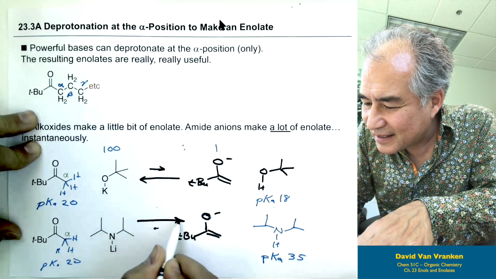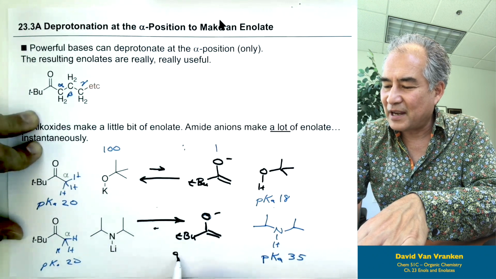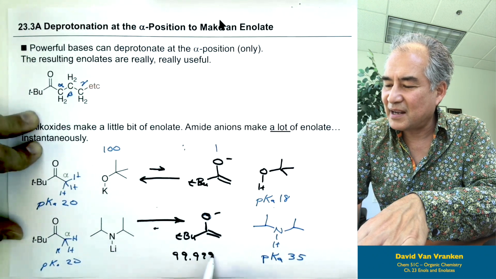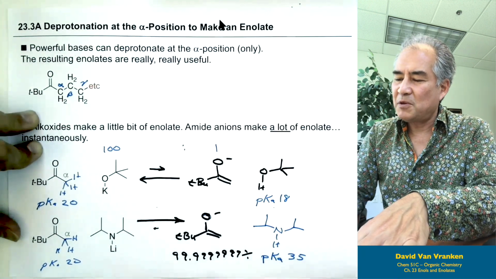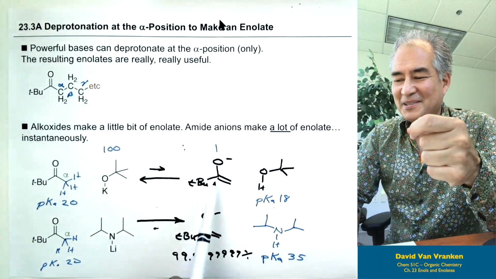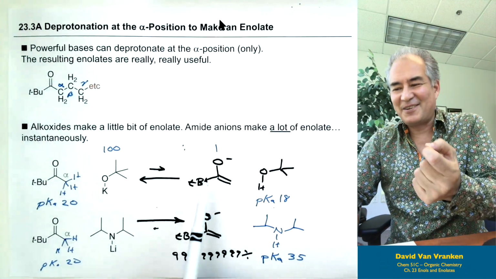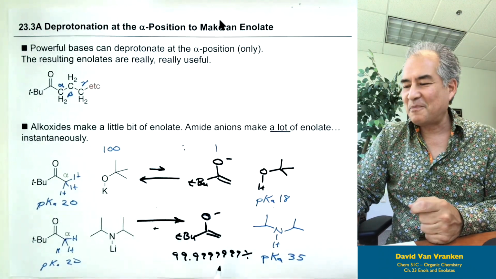But the equilibrium lies to this side. I'm not going to draw the numerical ratio, but the yield for this process would be 99.999, and I'd have to draw 15 of these 9s. I'm not going to draw all of them out. If you want to generate a high yield of the enolate, don't use t-butoxide. You only get a 1% yield of the enolate, and it'll still be in equilibrium.